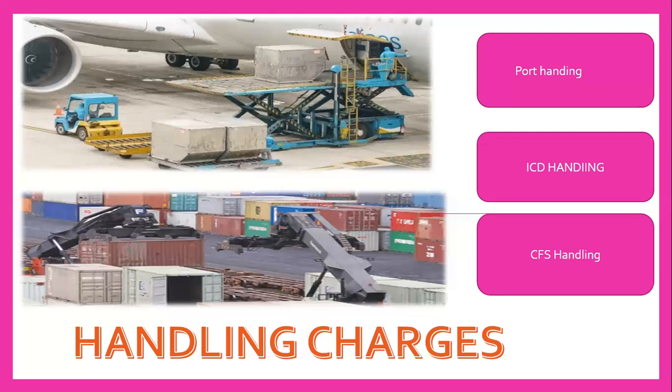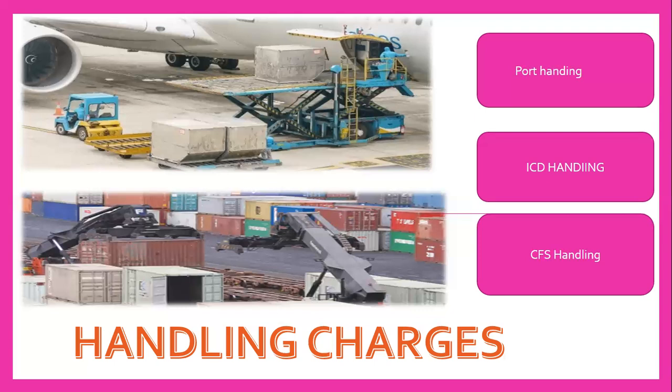And now finally CFS charges. Once the container is unloaded from the ship at the seaport, the shipment cargo needs to move immediately from the seaport to the warehouse. In such a case, the cargo needs to be placed at a location where it would be safe.